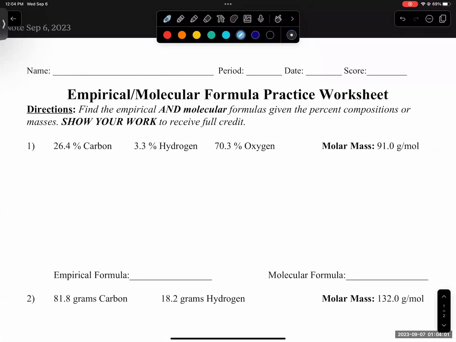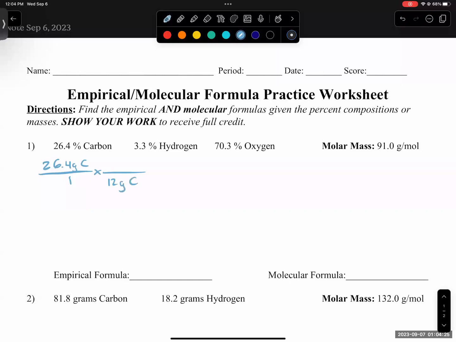So we're going to assume a 100-gram sample. If our 100 grams is 26.4% carbon, that means we're going to have 26.4 grams of carbon. Does that make sense? Yeah, cool. So 26.4 grams carbon. Make sure you write your units. We have a molar mass of 12 grams per mole for carbon, right? This is from the periodic table.